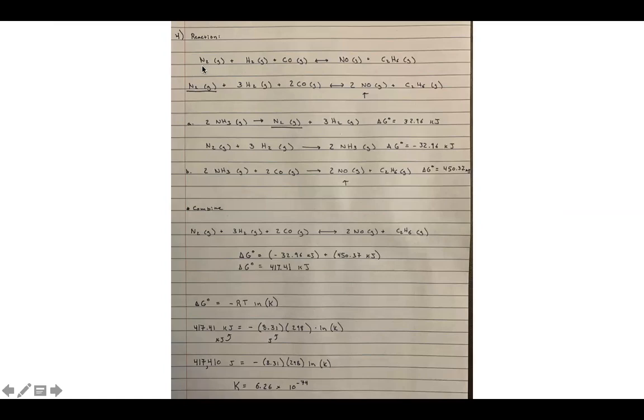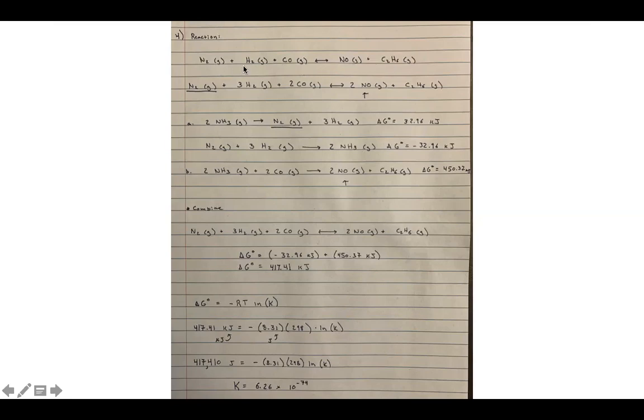Starting at the top, the first sentence of the problem says nitrogen gas, which occurs in the diatomic form, will react with hydrogen gas, which also occurs in the diatomic form, and these are going to react with carbon monoxide to produce nitrogen monoxide and a hydrocarbon.